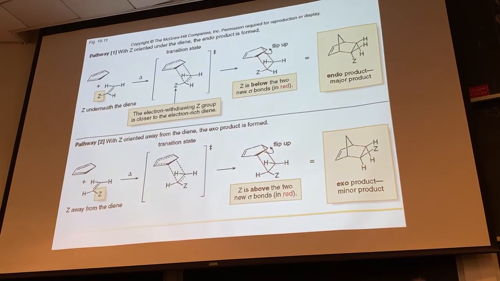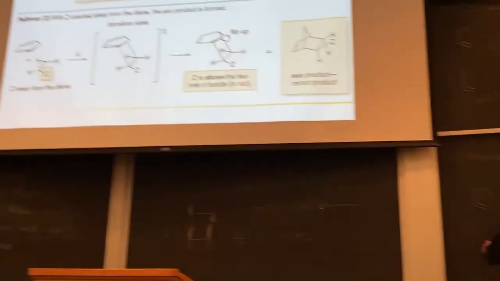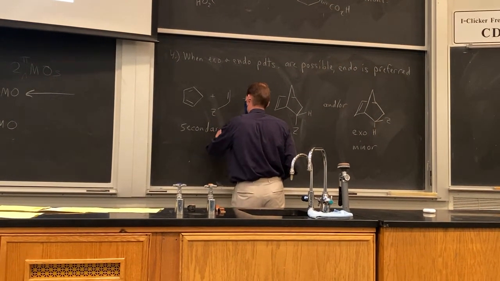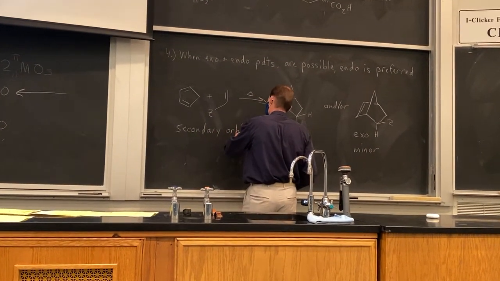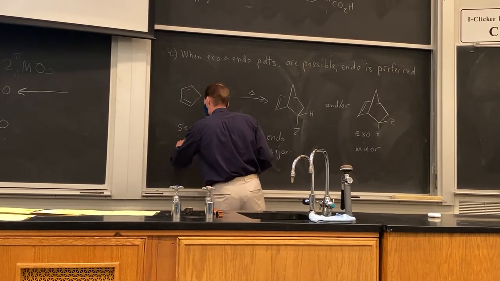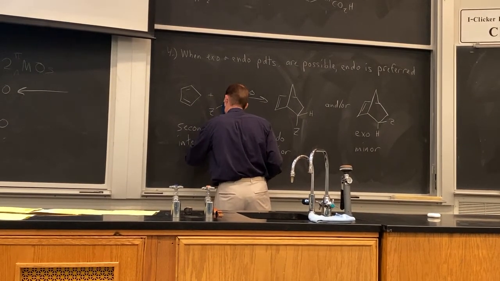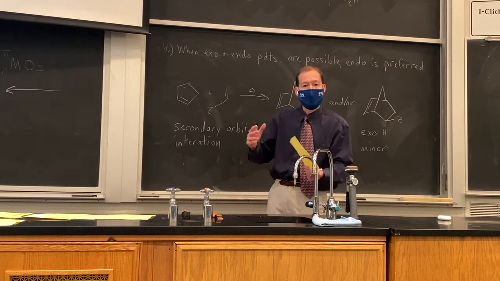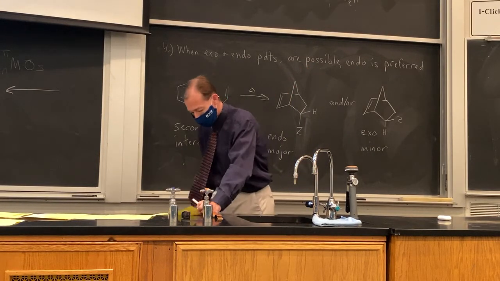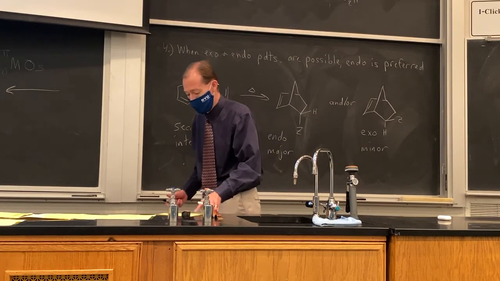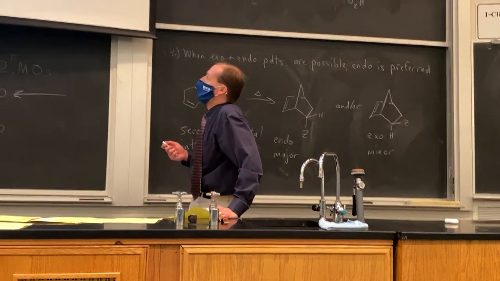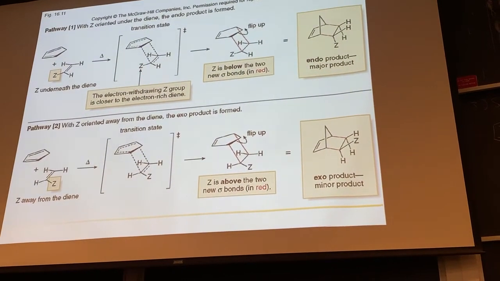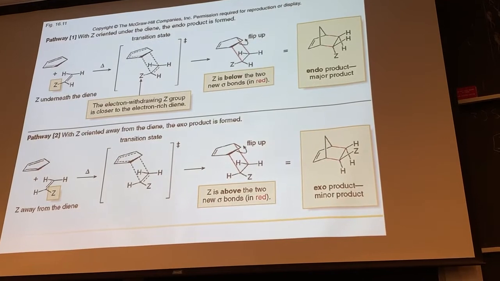Okay? And this is referred to as a secondary orbital interaction. I don't believe this term is used in your textbook, but it is a term that is used to describe these through-space stabilizing interactions. Okay? Secondary orbital interaction between the pi system of our cyclopentadiene, those pi electrons, and our electron withdrawing carbonyl group.